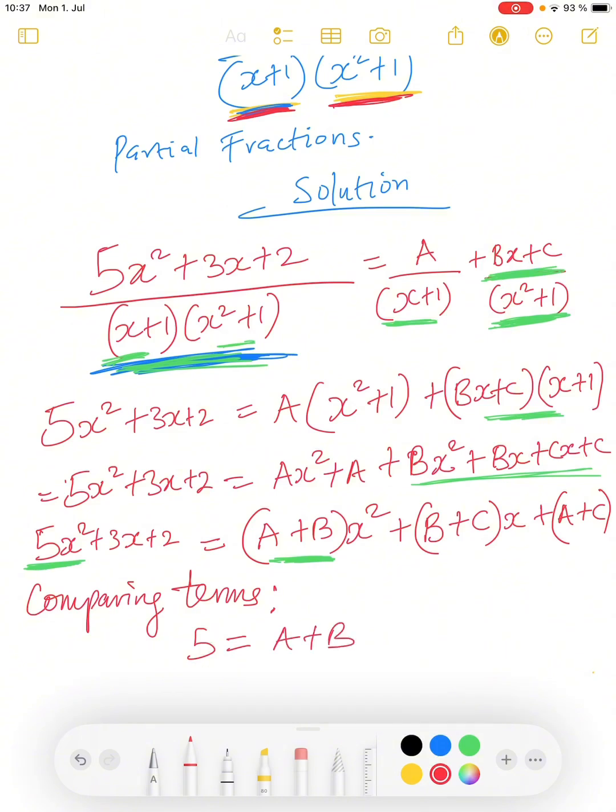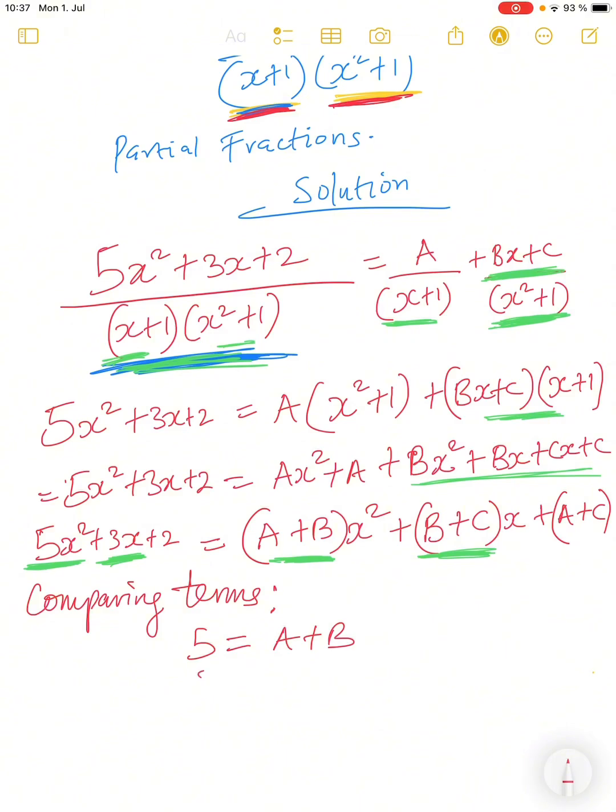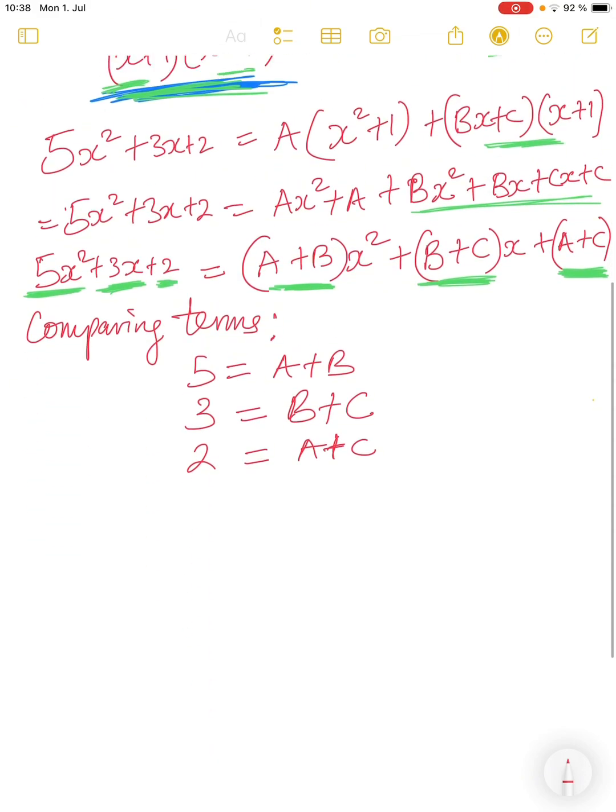Similarly, because the coefficient of x here is 3, and the coefficient of x here is b plus c, we can say 3 equal to b plus c, and 2 equal to a plus c. So in this case, we can solve the system of equations. We can say this is equation 1, this is equation 2, and this is equation 3.